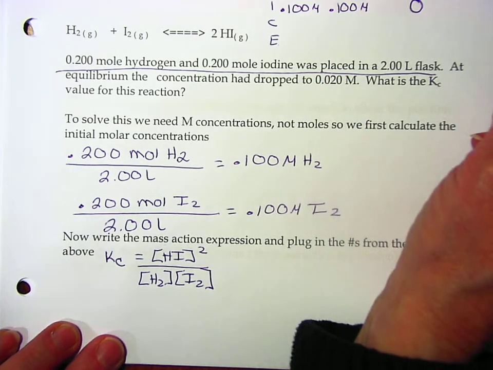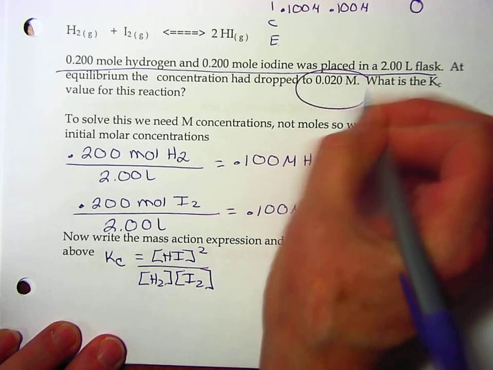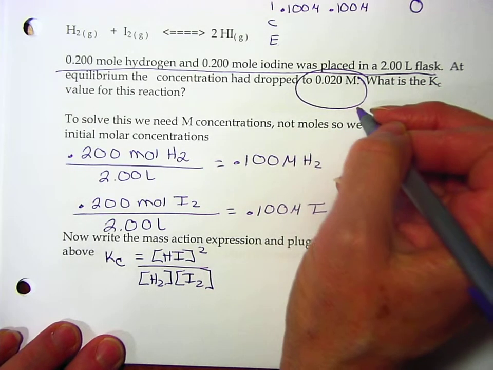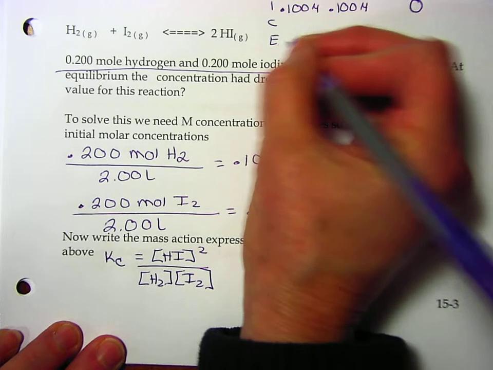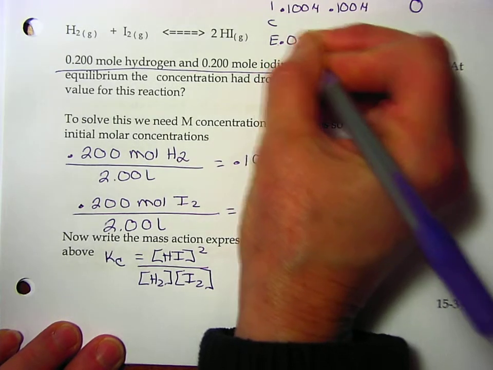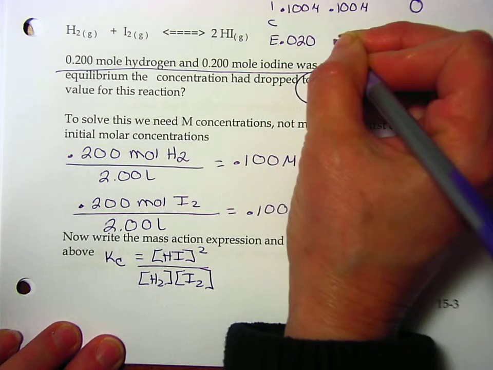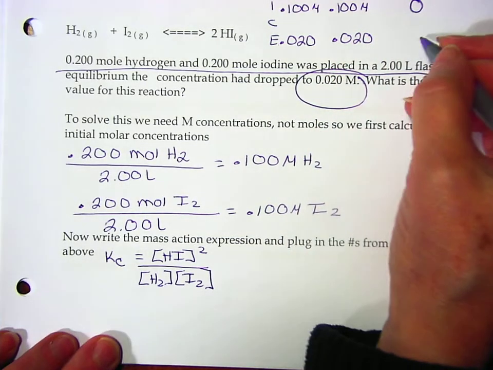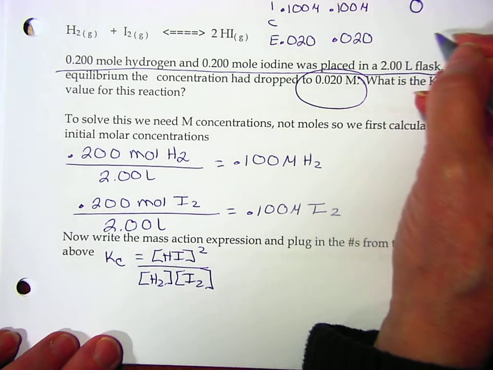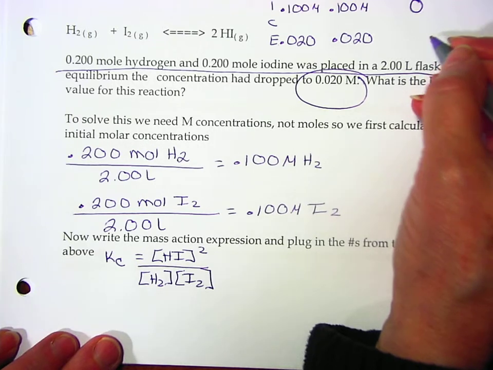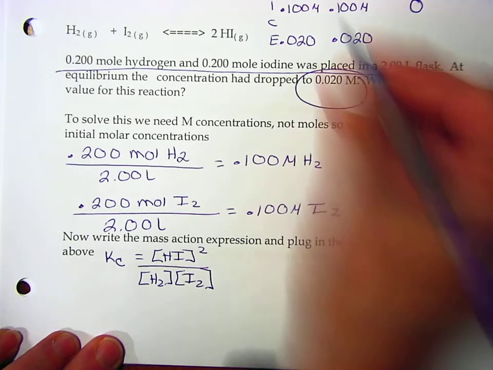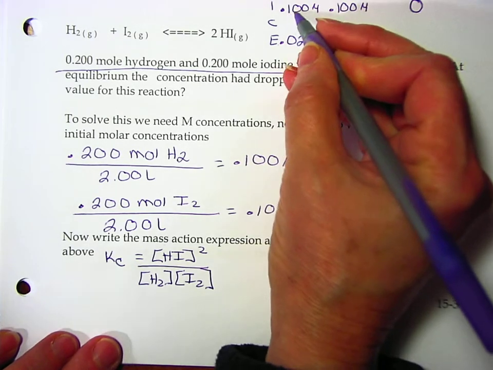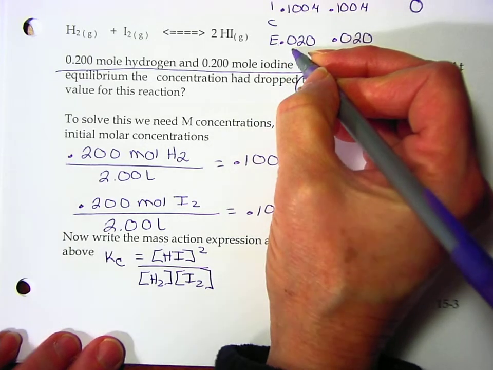Now, at equilibrium, we were told the concentrations of each had dropped down to 0.020 molar. 0.020 molar and 0.020 molar. We need to figure out how much hydrogen iodide I have, and you do this sort of like a puzzle. How do I get from 0.1 down to 0.02?